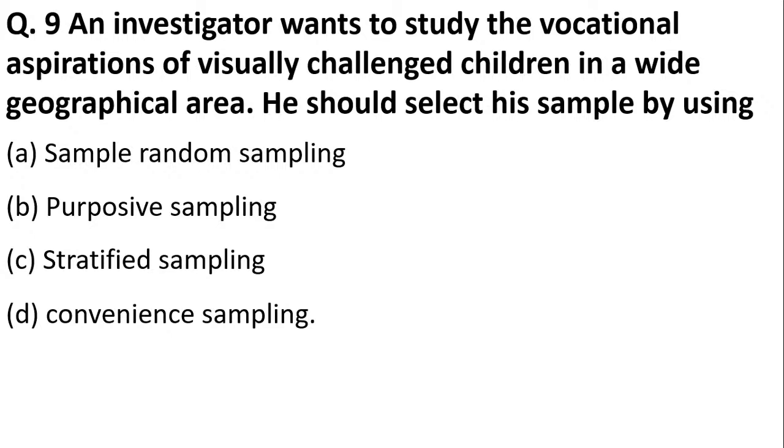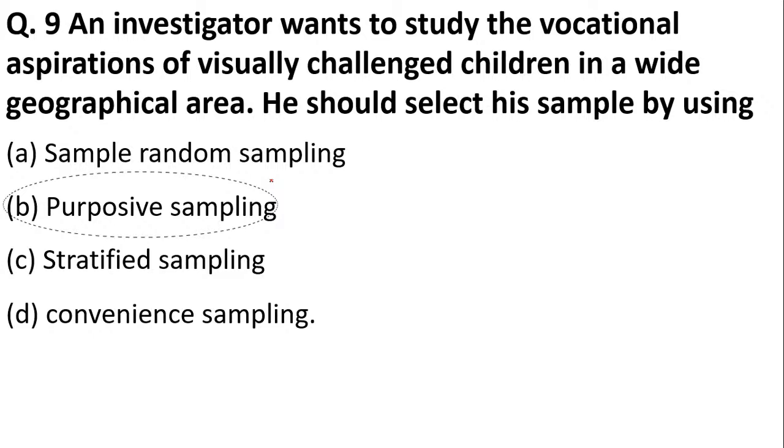Okay. So the researcher wants to study visually challenged children. The correct answer here is purposive sampling. What happens in purposive sampling? You focus on a particular characteristic of a population.